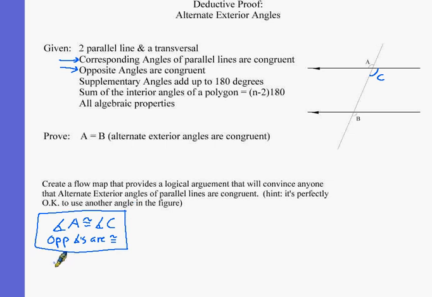Now, separately, so we'll put it in a different box. We could say angle B is congruent to angle C. And the reason we know that is true is because corresponding angles are congruent.